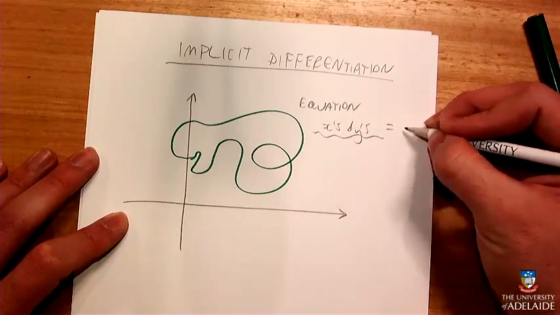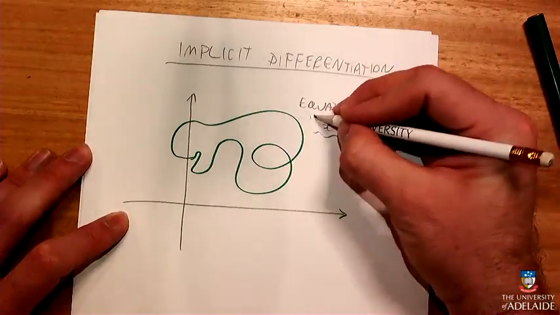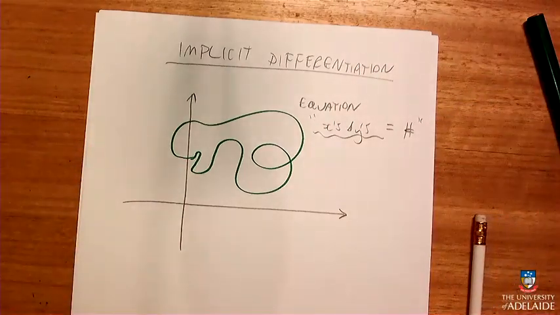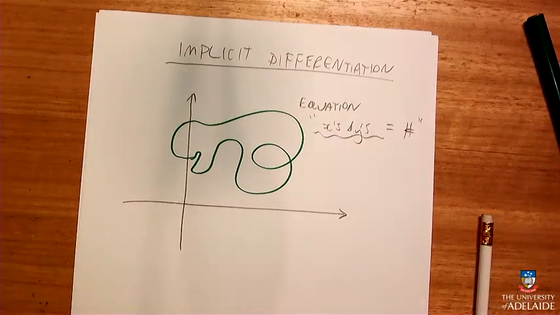X and y's equals number, something like that, all right? And the hope is that every possible equation like that does produce some sort of curve. Some of them are wickedly strange, and the hope is that any curve has one.